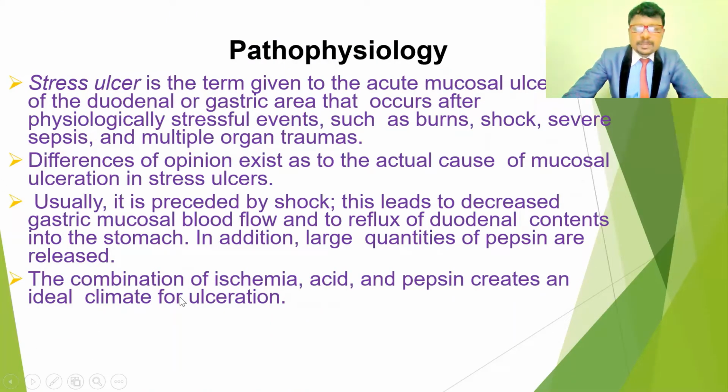Another pathological change: the combination of ischemia, acid, and pepsin creates an ideal climate for ulceration. Because of these reflexes, there is a decrease in blood circulation, while the acid and pepsin concentrations increase. All of these combined create the environment for ulcer formation.